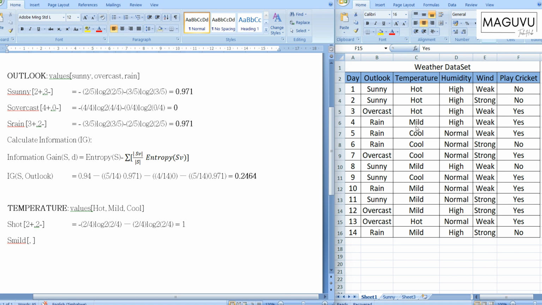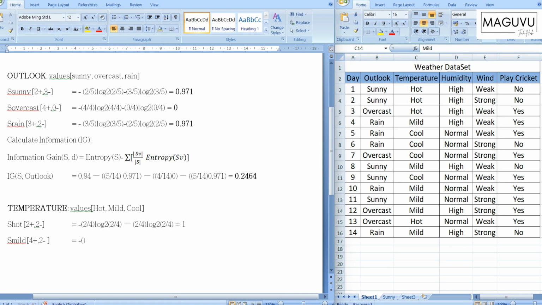If we are going to consider mild, 1, yes, we play. 2, 3, 4. So 4 times out of the 6 we play cricket. So let's represent that with 4 positives and 2 negatives to equal the total number of days, which is 6.